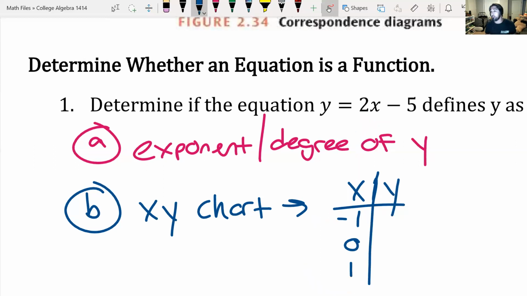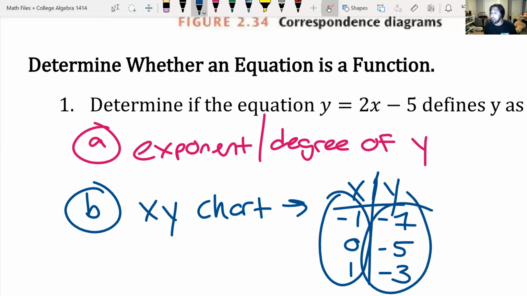So if I plug in -1, that becomes -2 minus 5, which will give me -7. If I plug in 0, I'll get -5. And if I plug in 1, I'll get -3. Now, what we see is that for every x value, we have exactly one y value. -1 goes to -7, 0 goes to -5, 1 goes to -3.